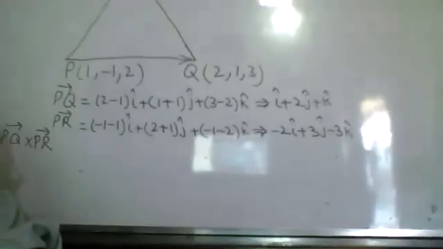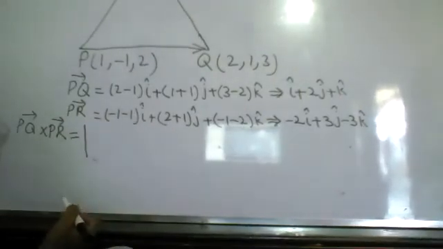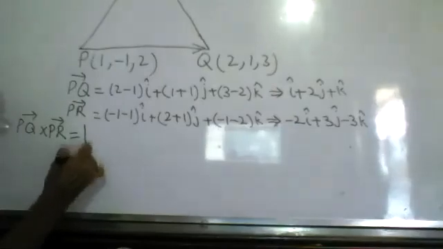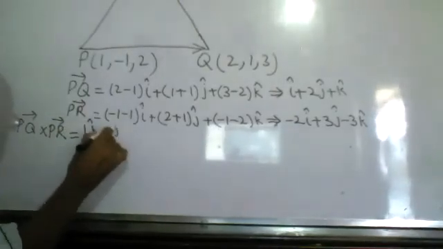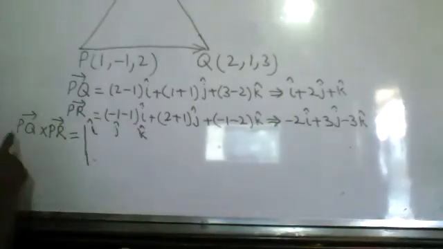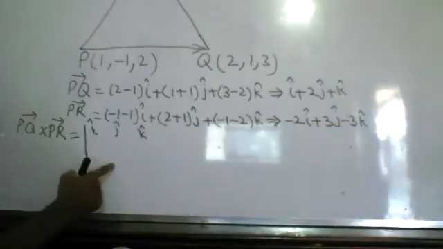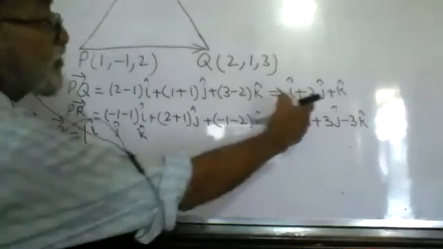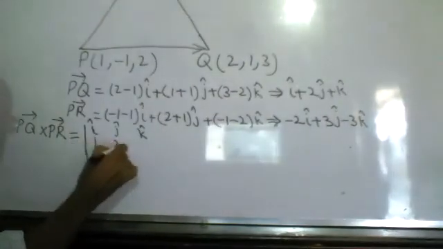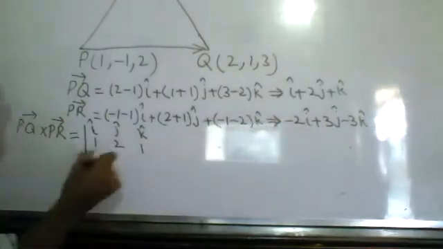It will become, with the same determinant method, I, J, K. First we'll take the coordinates of PQ, 1, 2, 1, then the coordinates of PR, -2, 3, -3.